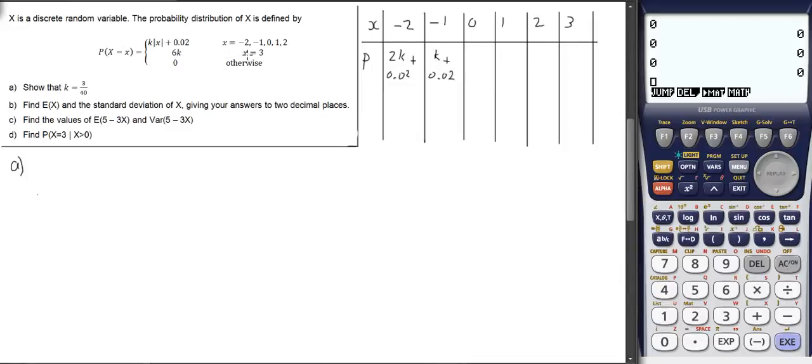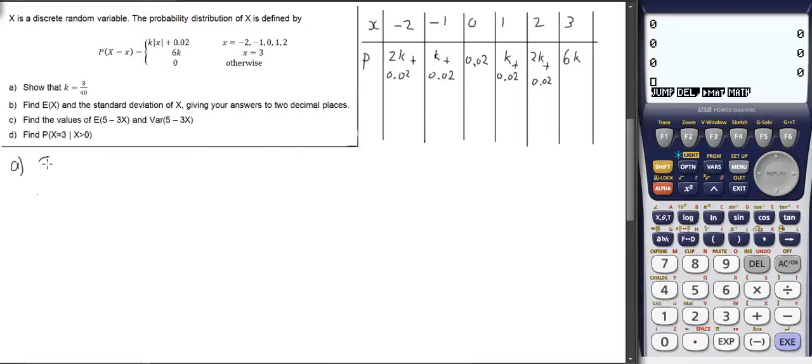When x is 0, we've got 0.02. When x is -1, we've got the same as 1, so it's symmetrical up to now. When x is 2, we've got 2k plus 0.02. And when x is 3, we've got 3k, sorry, I think I'm getting my k's and my x's mixed up.